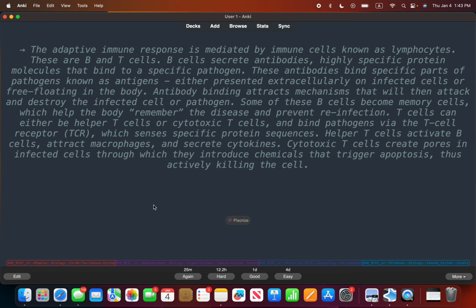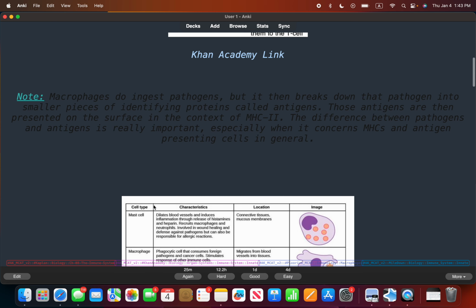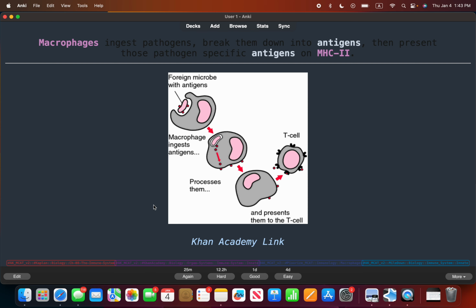We had also the complement system. So for now, we just need to know that macrophages ingest pathogens and break them down into antigens that they present on MHC2.